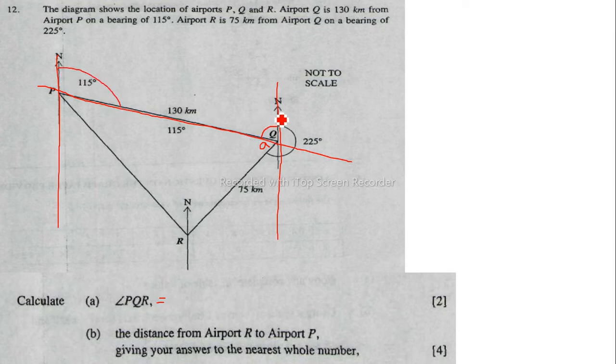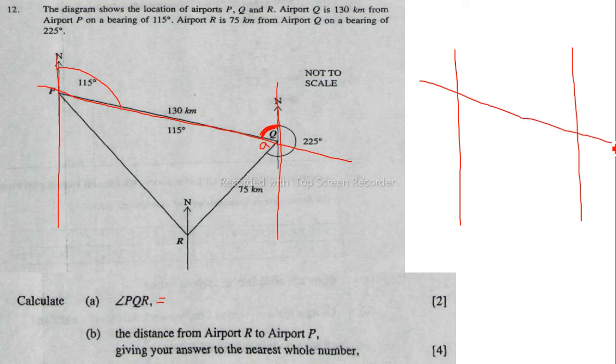And so what must this one be? This one is QL. So that's 180 minus 115. If we have two lines like so, we want to know what this is. They are co-interior angles, isn't it? Yes. 115, and co-interior angles add up to 180.